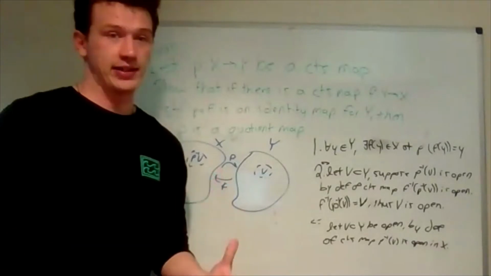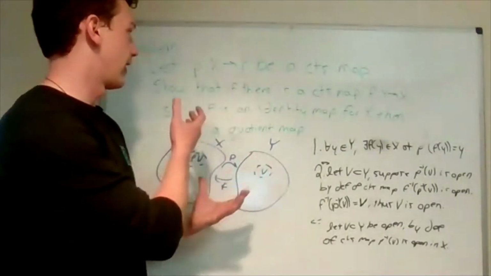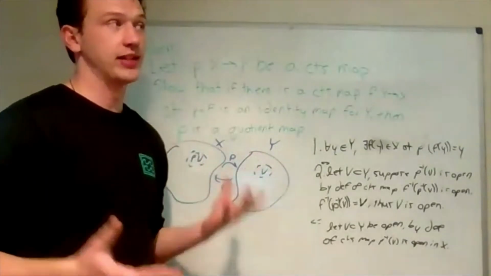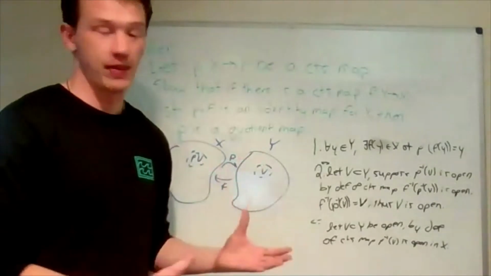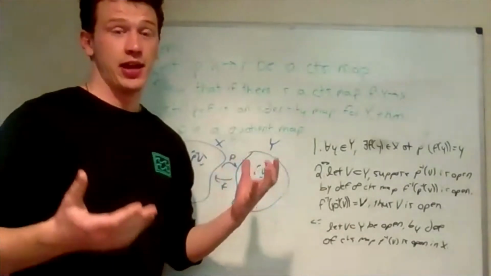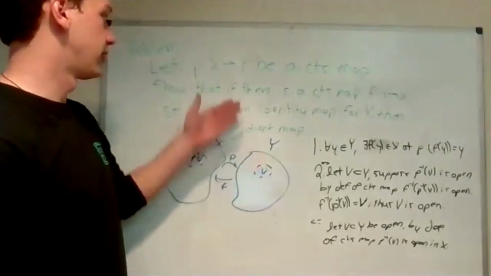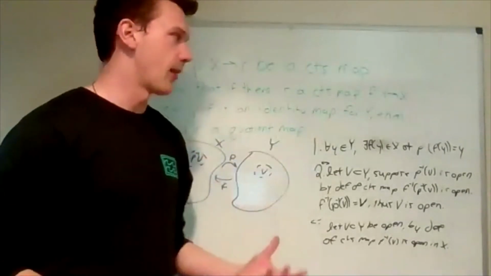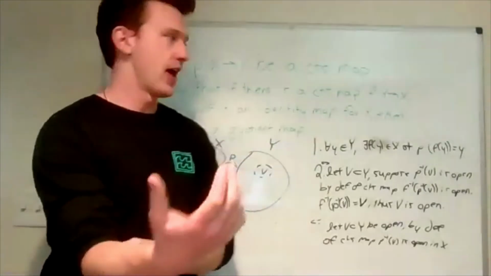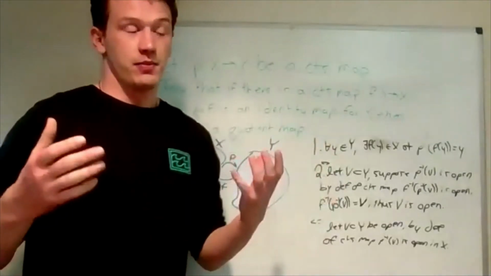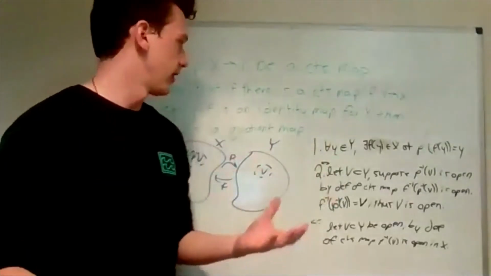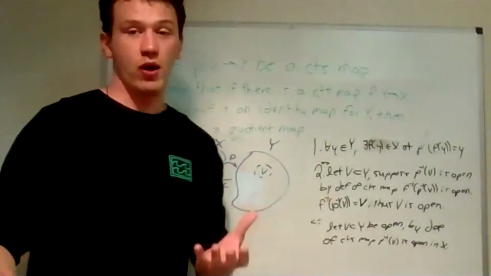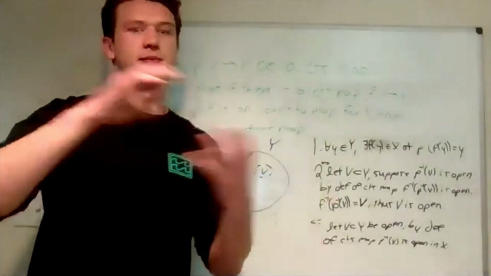So remember, there's 2 criteria to prove that a map is a quotient map. Number one, we have to prove it's a surjective map, and we can do this using the given fact that it's an identity map, and that simply means that P of f of y equals y for all y elements of our space Y.